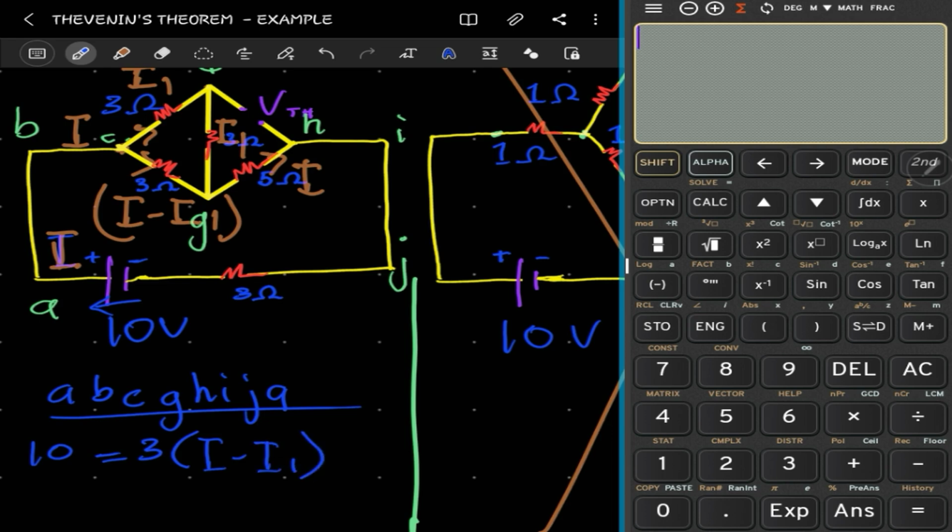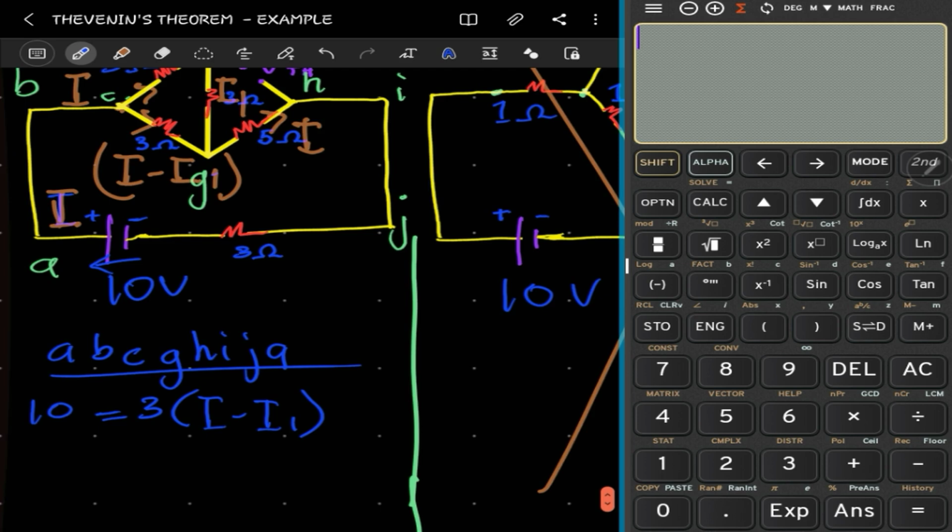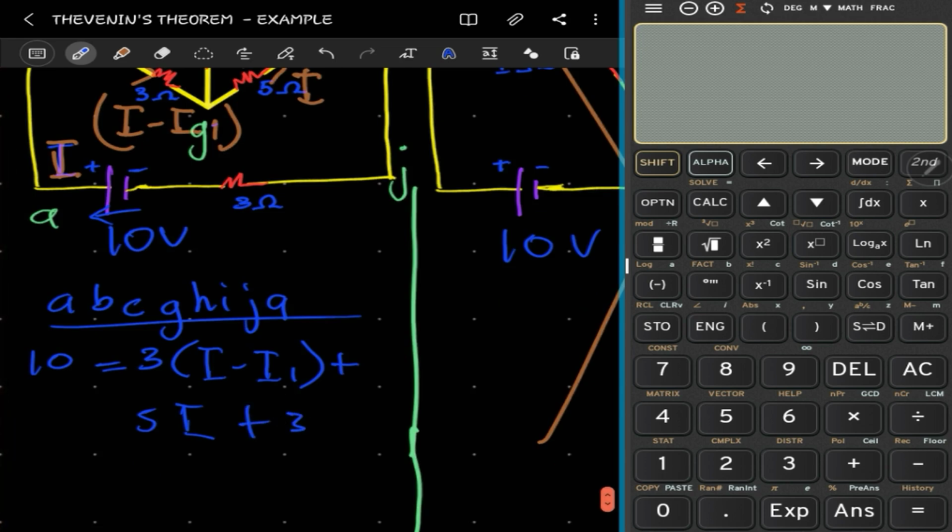The next one we encounter, because of the loop we've chosen, A, B, C, G, is between G and H, so that means we are considering the 5. So plus 5, and the current flowing through that is just I. And then the current flowing through the last 3, which is this one here, is also I. So this is one equation.